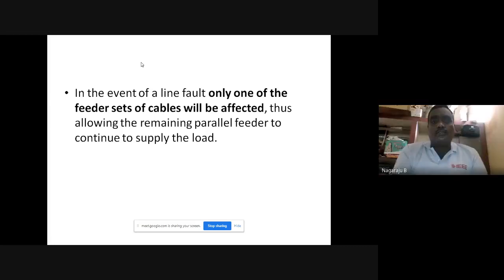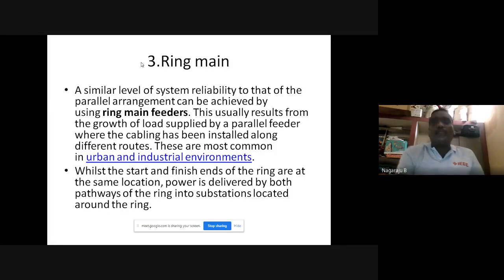Parallelly, we have another connection to the other feeder, so you can use that power to give continuous power supply to the load. This is one main advantage of the loop type. Ring main type, both are there, like radial type as well as loop type.